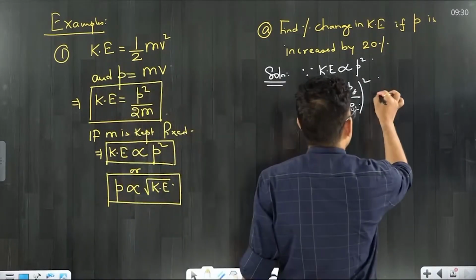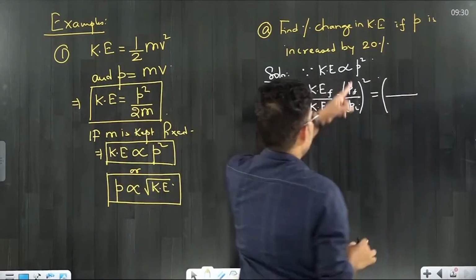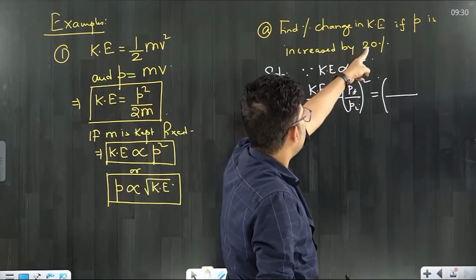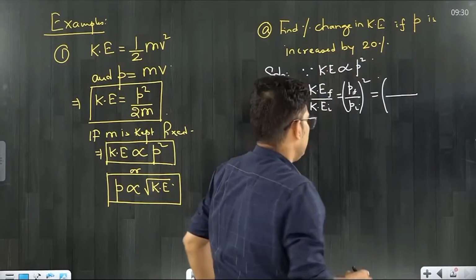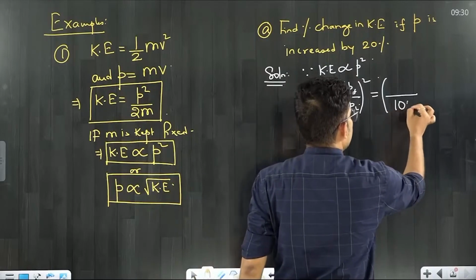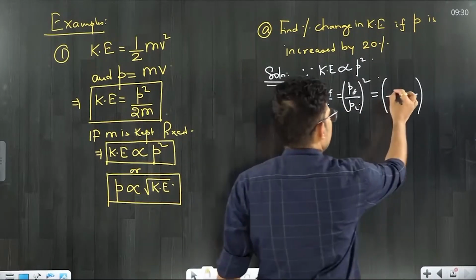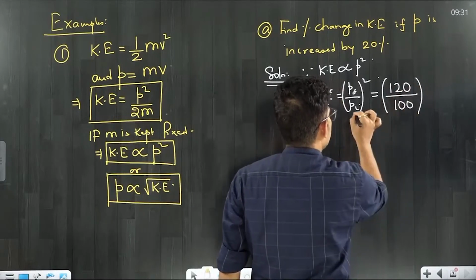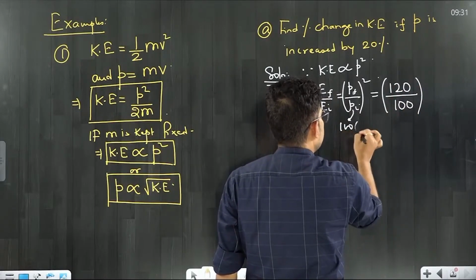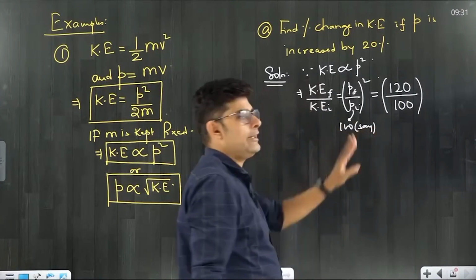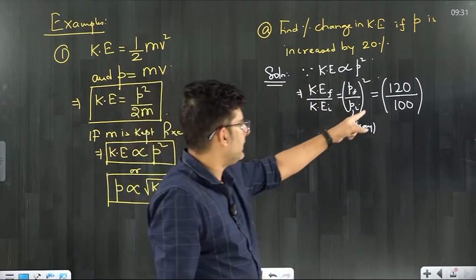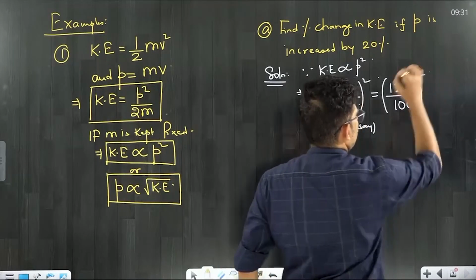Now, they are saying momentum is increased by 20%. Can I take initial momentum as 100? If I take initial momentum as 100, then the final, can I write it as 120? As I said, in percentage you can take the initial value as 100. So final will become 120 or not?